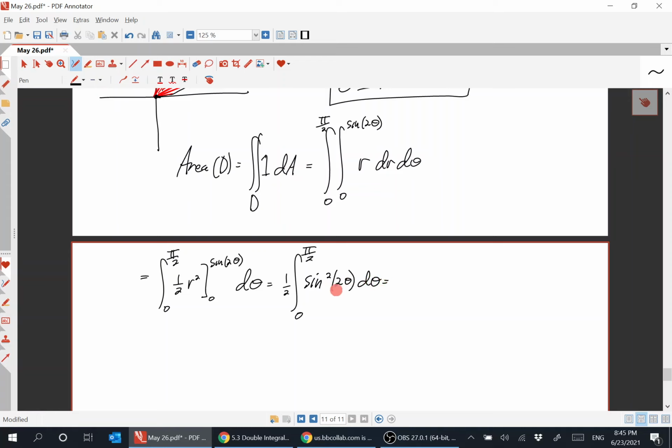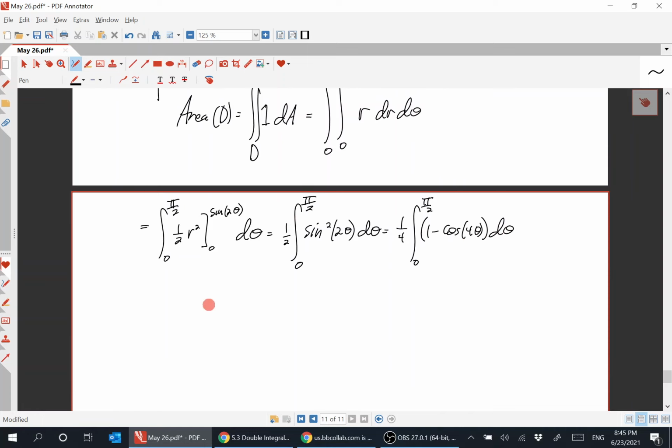So to do this antiderivative, you need to use the half angle or double angle formula, or whatever you call it. So this becomes 1/4 times 1 minus cosine 4 theta. I don't know if you remember that double angle formula.